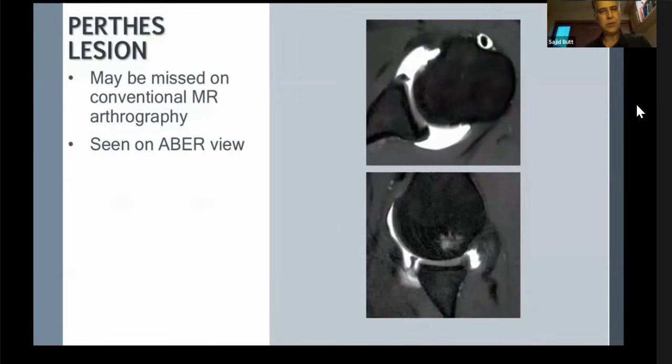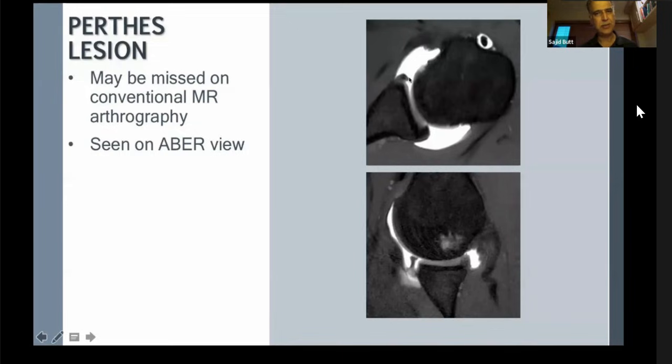A Perthes lesion can also be visualized if you choose to do an ABER projection. This is an extra sequence which sometimes we do, particularly if a patient has got a suggestive history of injury. So you can see that when the patient had their imaging done in the standard projection, nicely distended joint, so good quality study, we're not entirely sure what's happening here.